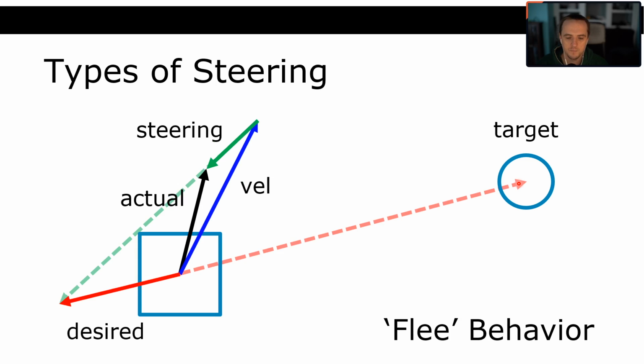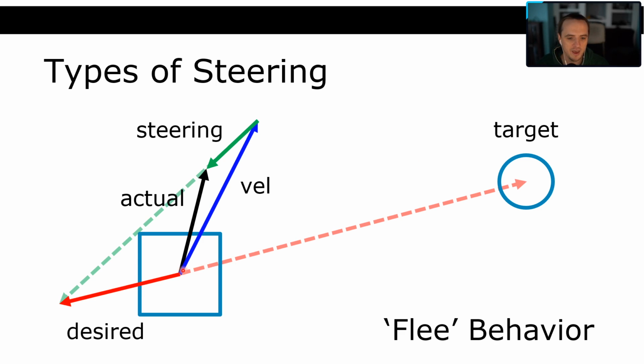Also, we could have a fleeing behavior. Maybe instead of wanting to go toward that target, we want to go away from that target. Maybe it's really dangerous or something like that. Or it's an enemy and we've run out of bullets or something. So we want to steer away from that target. So instead of immediately turning 180 degrees and running away, we can implement steering to gradually steer away from something.